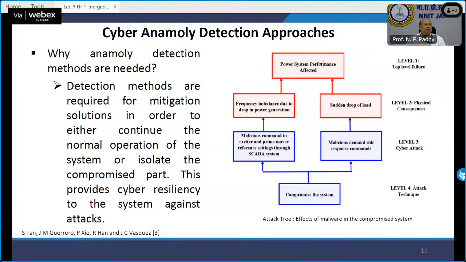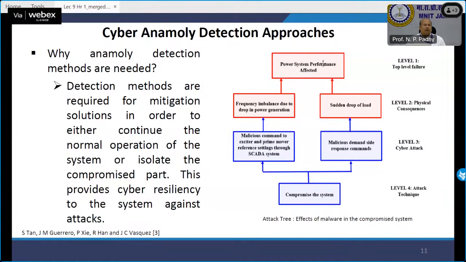Now, how do you detect the anomaly? That is very important. So, why are anomaly detection methods needed? There are some problems, but why is it important? Detection methods are required for mitigation solutions in order to either continue the normal operation of the system or isolate the compromised part.